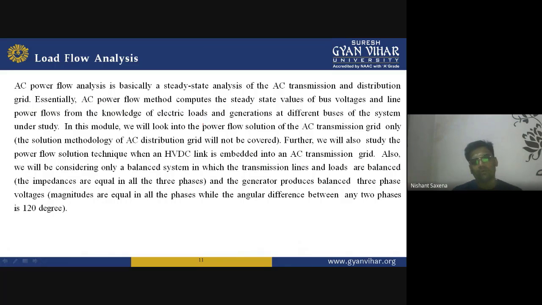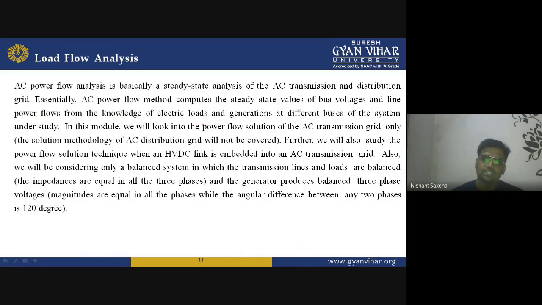Essentially, the AC power flow method computes the steady state values of bus voltages and line power flows from the knowledge of electric loads and generations at different buses of the system under study. In this module, we will look into the power flow solution of the AC transmission grid only, that is, the solution methodology of the AC distribution grid will not be covered.